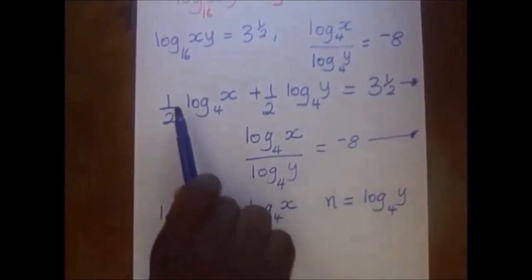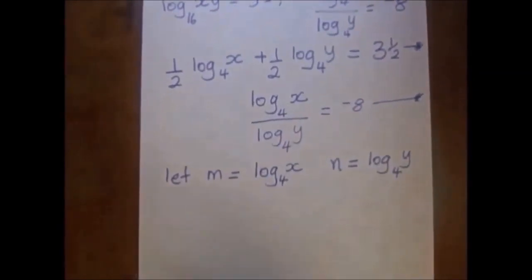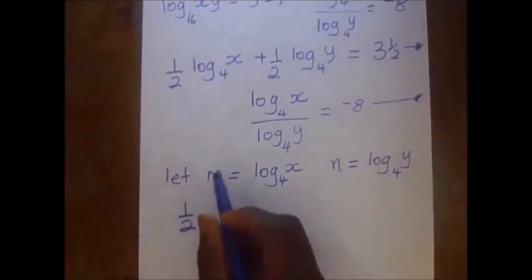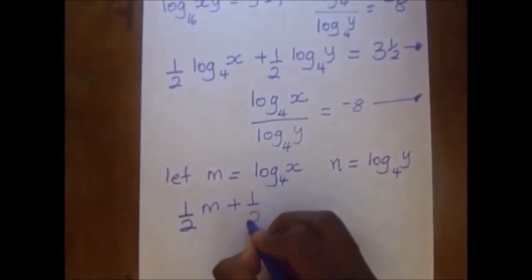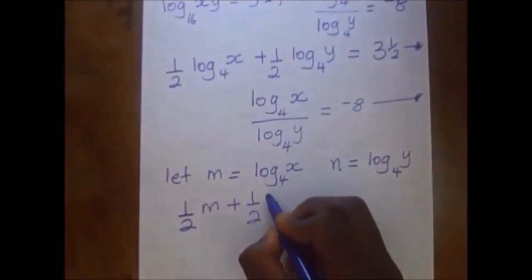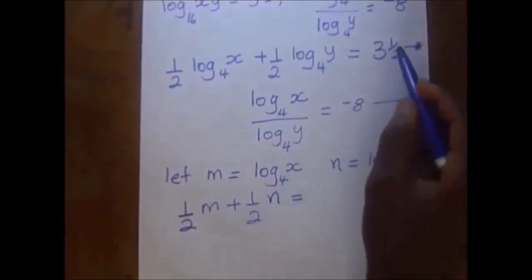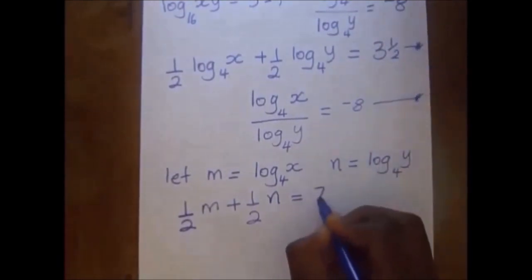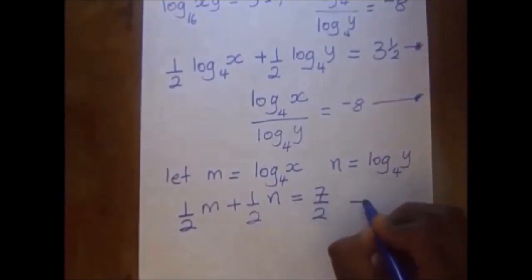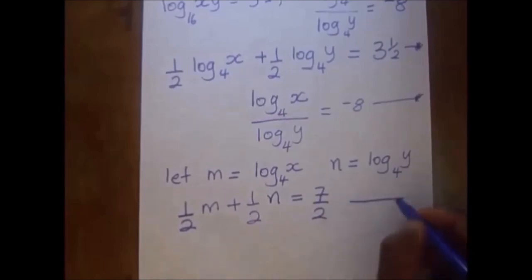So in this case, our first expression is going to become a half m plus a half n is equal to 3.5, that is 3 times 2 is 6 plus 1, that is 7 over 2. That is the expression we get.